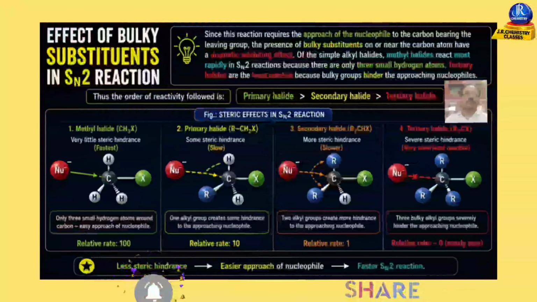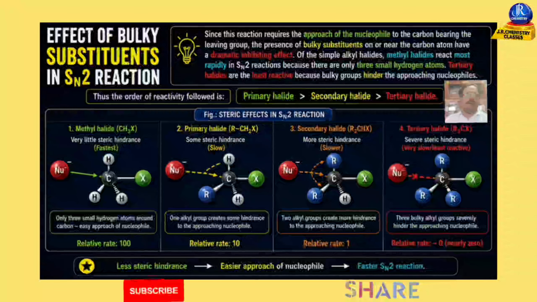Since this reaction requires the approach of the nucleophile to the carbon bearing the leaving group, the presence of bulky substituents on or near the carbon atom has a dramatic inhibiting effect on simple alkyl halides.